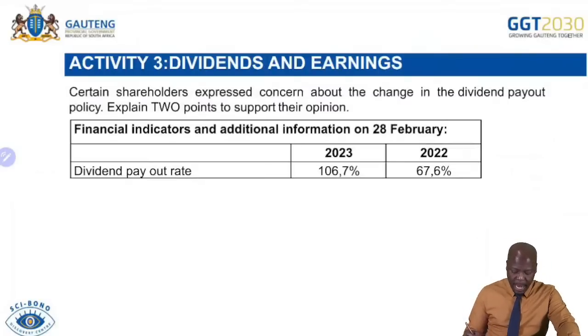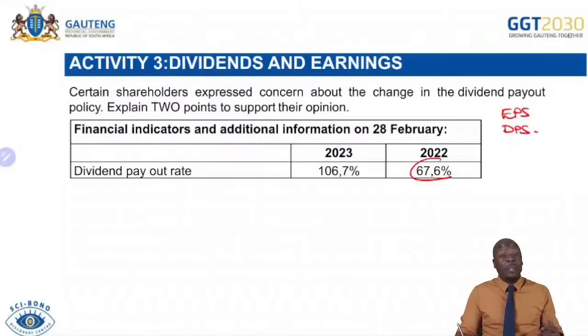Okay, and then you can see that in 2022, the dividend payout rate was 67.6%. Remember, for you to calculate the dividend payout rate, you have to have your earnings per share as well as your dividends per share.